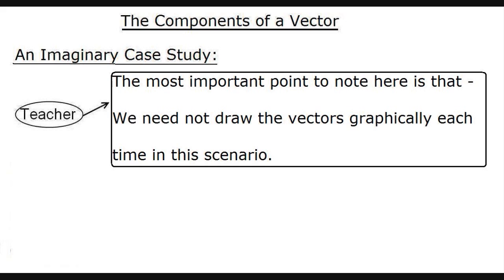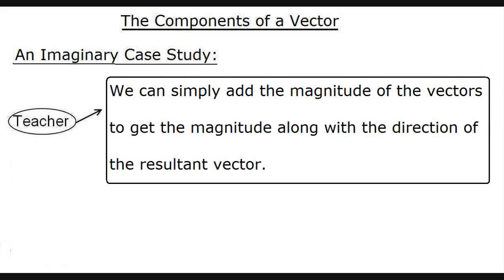The most important point to note here is that we need not draw the vectors graphically each time in this scenario. We can simply add the magnitudes of the vectors to get the magnitude, along with the direction, of the resultant vector.